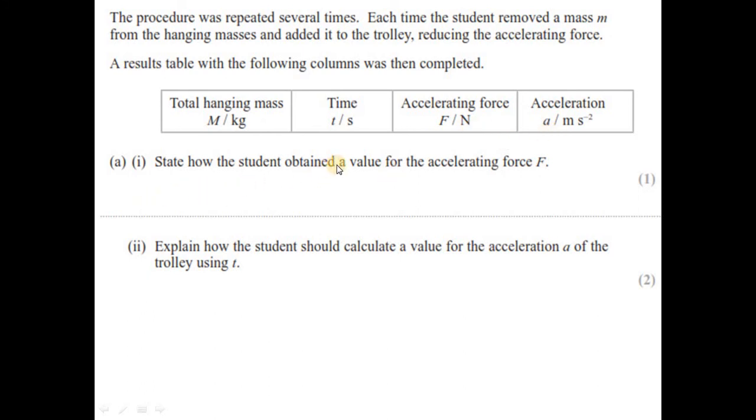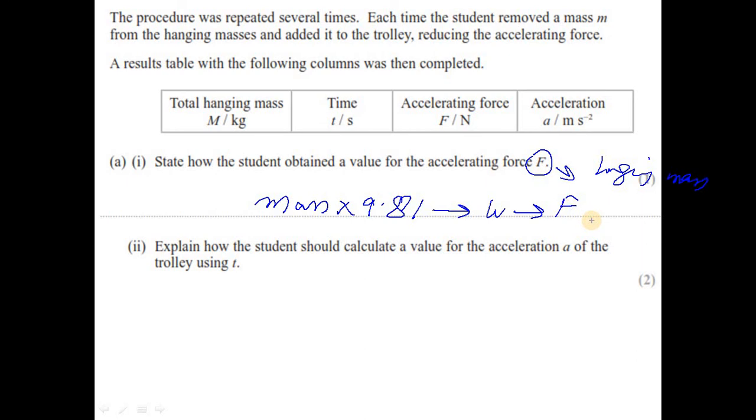State how the student obtained the value for the accelerating force. So accelerating force is due to the hanging mass. If you multiply the hanging mass by 9.81, you can find W, which is equal to force F.